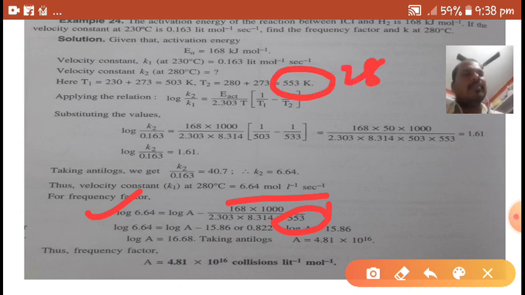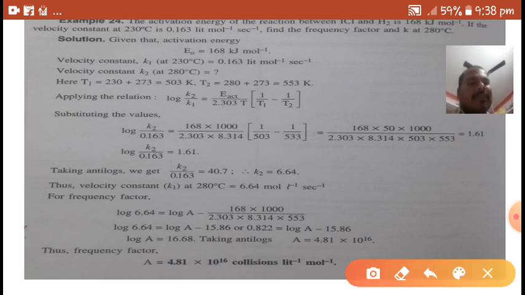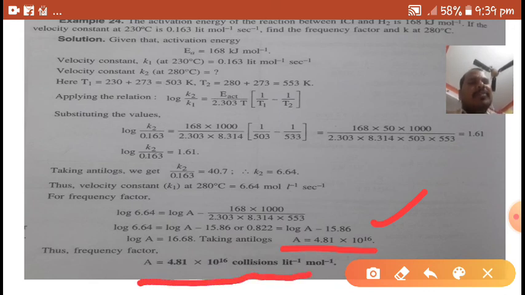By substituting all these values and taking antilog, we get A is equal to 4.81 into 10 to the power of 16, which is the frequency factor. The unit of this is per liter per mole.